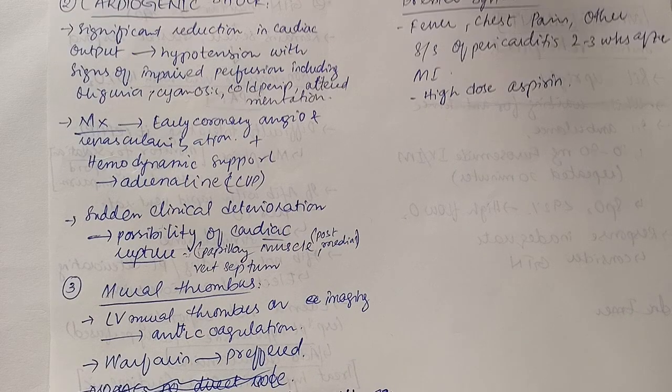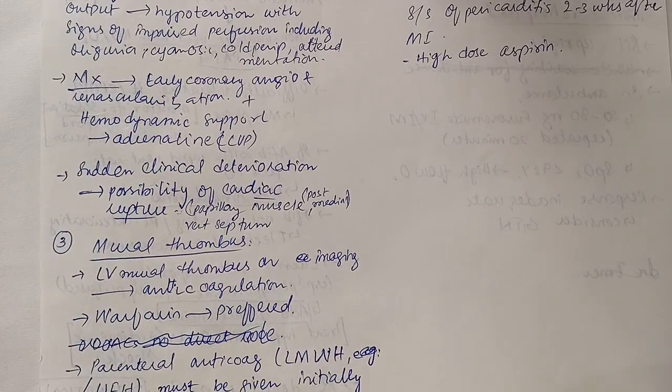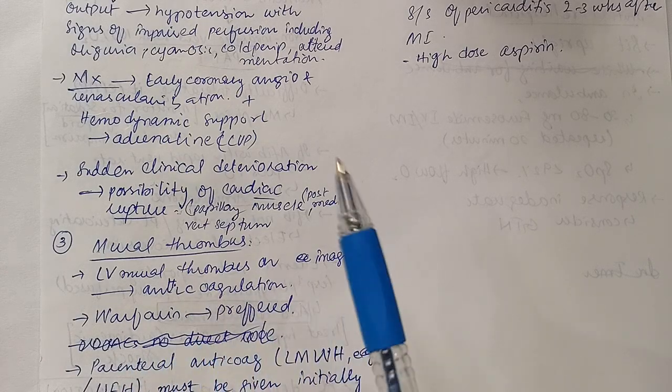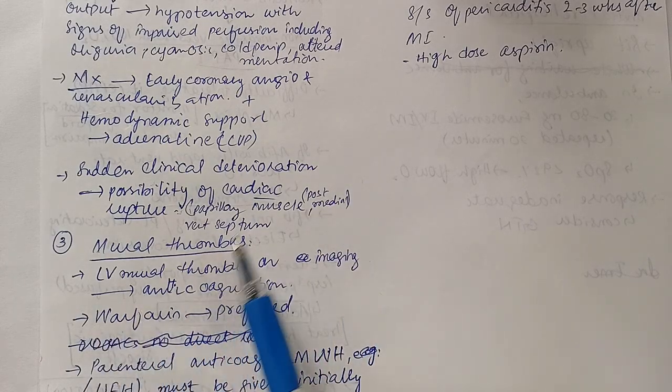Then we have the mural thrombus. If we do imaging and there is a left ventricular mural thrombus present in a patient with MI, anticoagulation is indicated, and in this case warfarin is preferred.